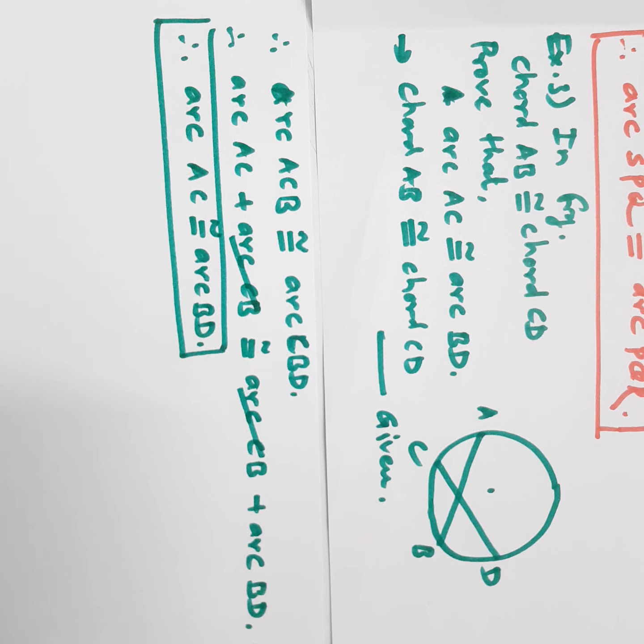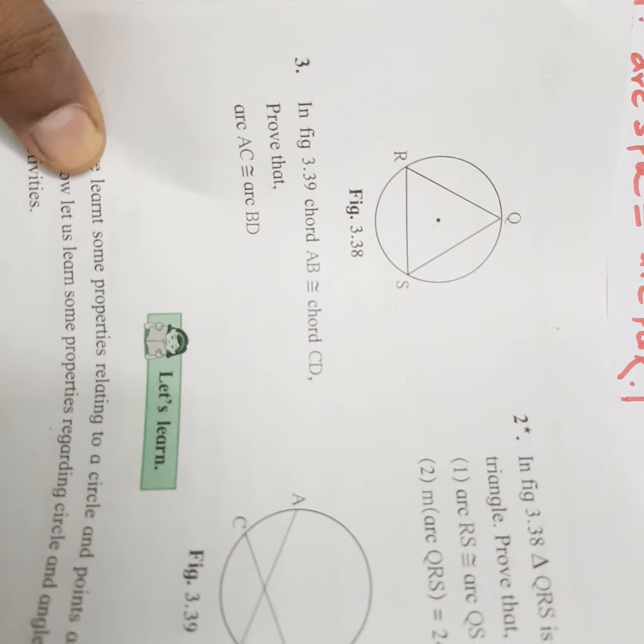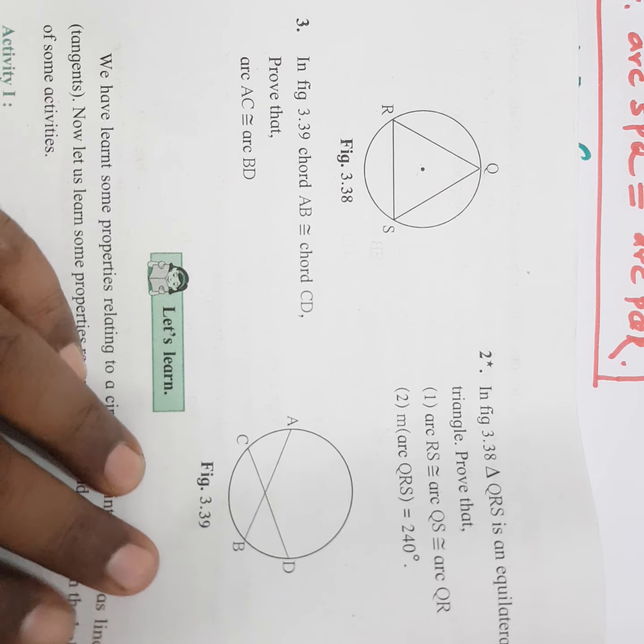Among those we have solved 2 examples. Example 2 is one of the examples that you have to solve in your homework. Here we will only see this example 2.